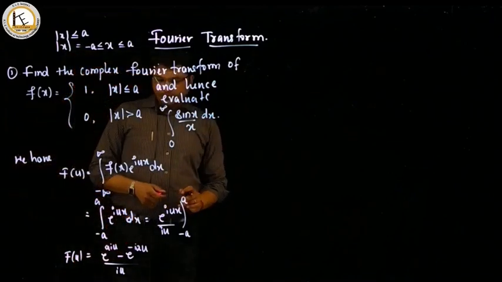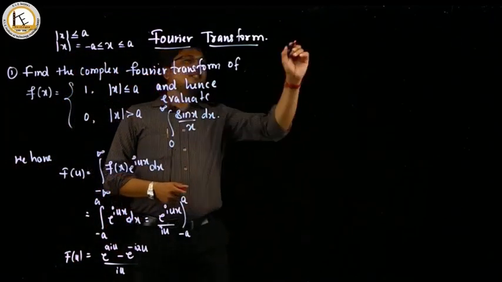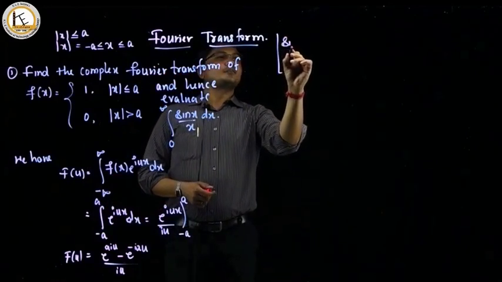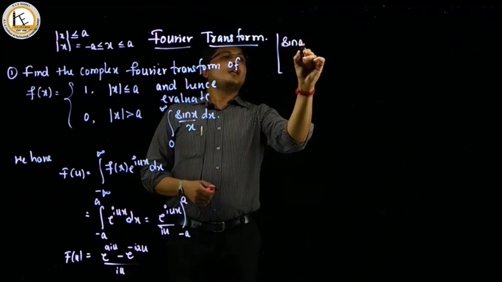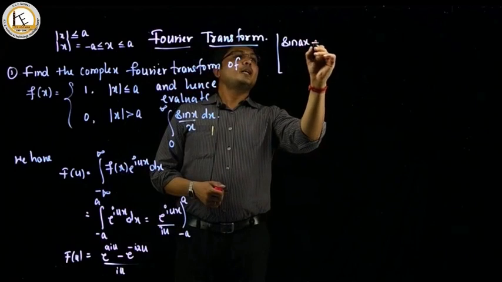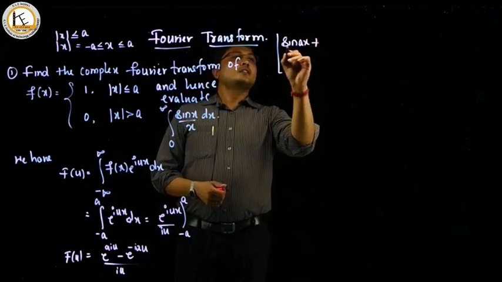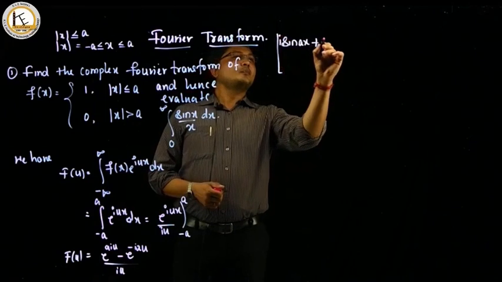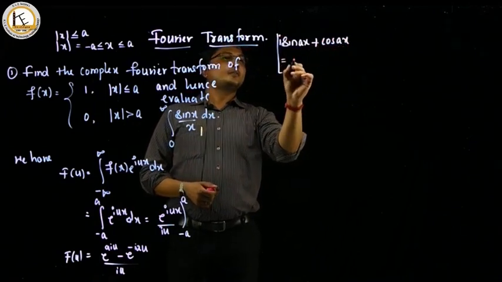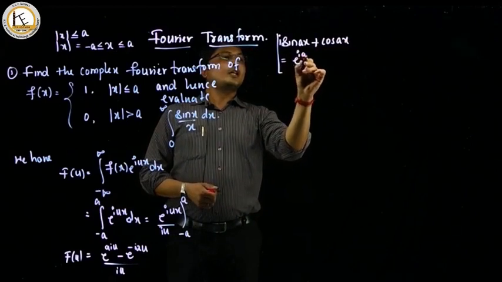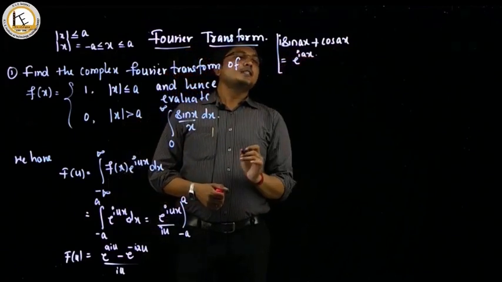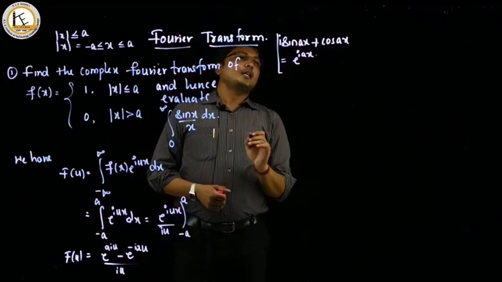So we can simplify it further. Since we have a basic concept here, we know that cos a x plus i sin a x is nothing but e raised to i a x.